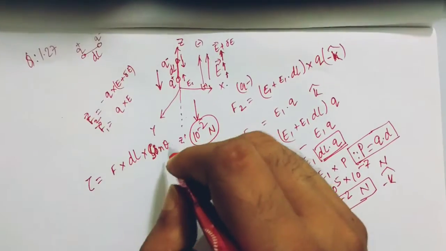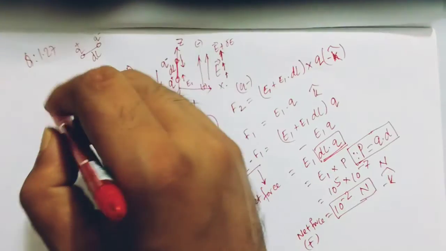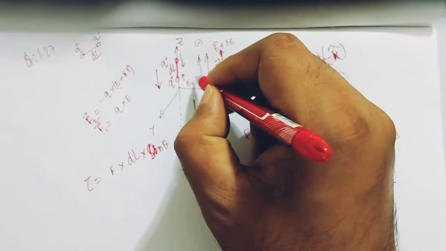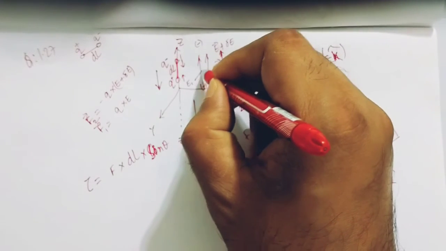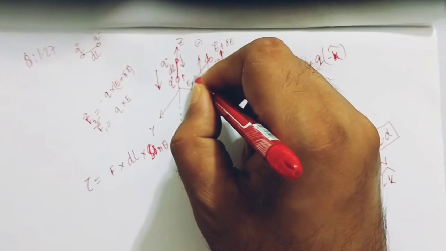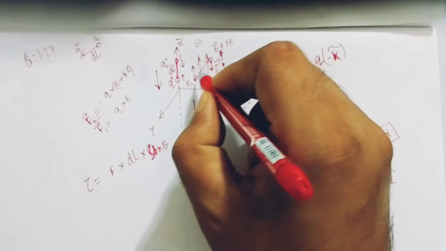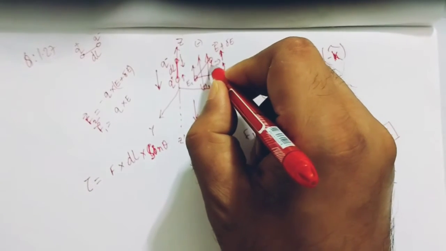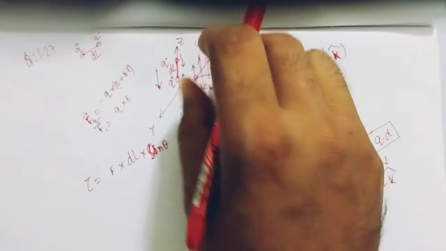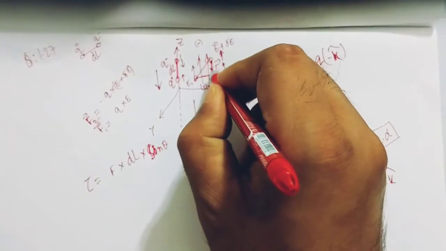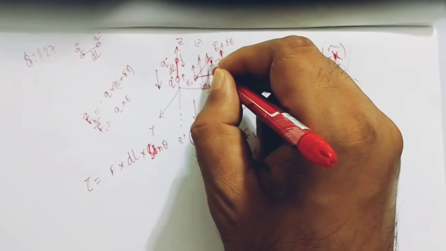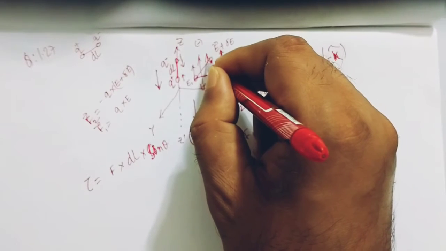This is the cross product, so this will be sine theta. Because you see, suppose in a uniform field it is like this, then this will be positive here. The distance is the longitudinal distance, the minimum distance will be this one, and the theta is the angle between this electrical field and the dipole moment.